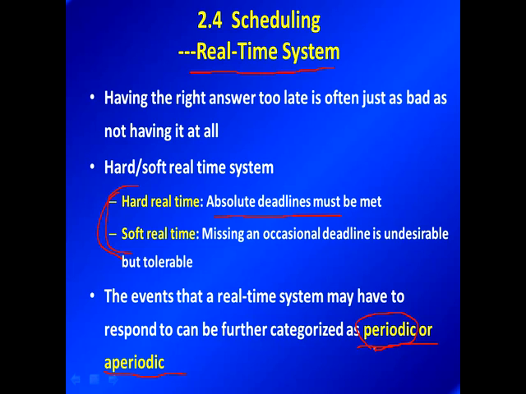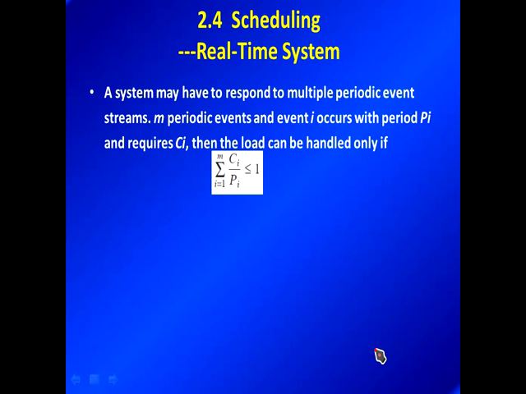They happen periodically. And if you have no idea when an event happens, if it just happens randomly, then it must be an aperiodic event. And we just need to learn some more about real-time systems with periodic events.